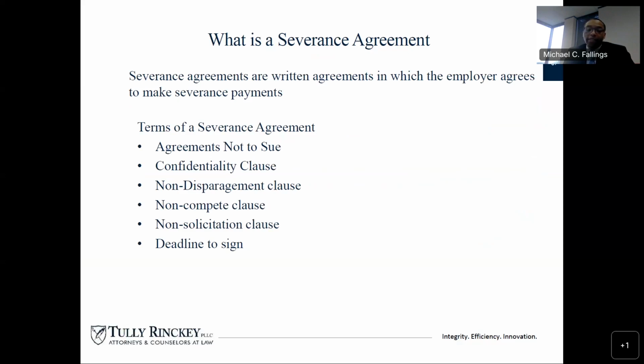The next clause is confidentiality. This typically means that the employee is bound by confidentiality, meaning they cannot disclose the terms of the severance, the terms of the agreement, what led to the agreement. And we'll note here that the NLRB has recently issued a decision on confidentiality clauses in these types of agreements and restricted the types of confidentiality that may be included in the severance agreements.